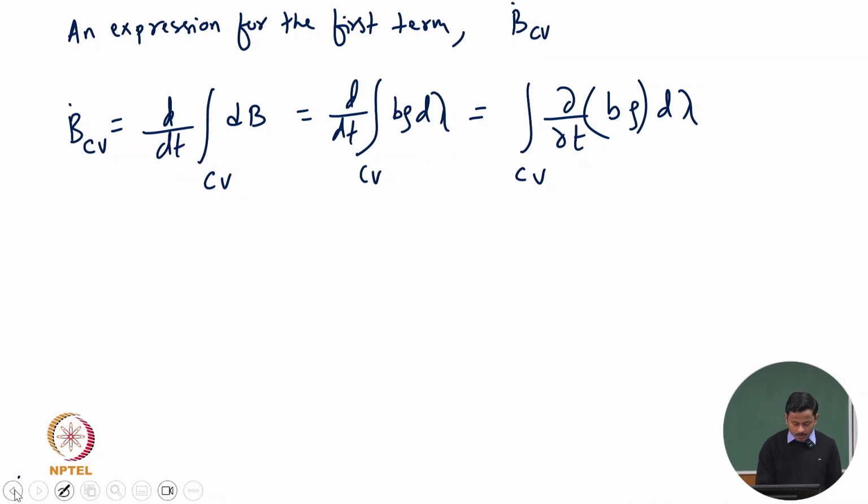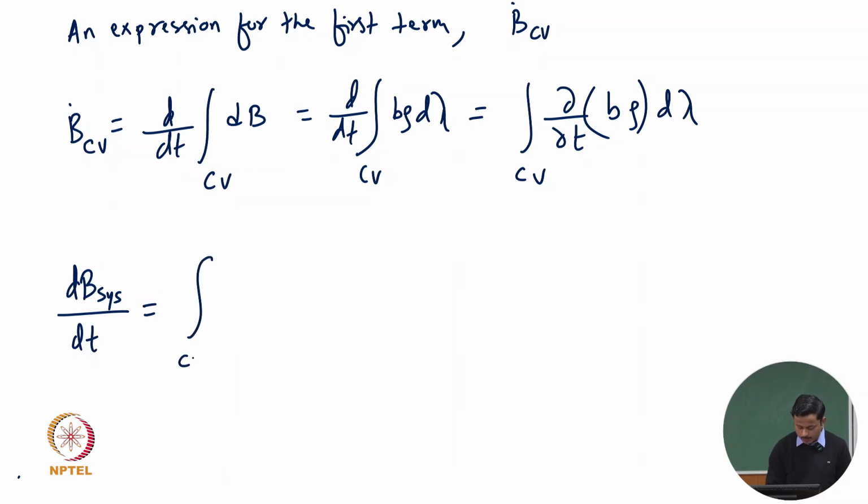So from this equation and the previous equation, we get to the final form of the Reynolds transport theorem. So we have dB system by dt, which we have also written down as B dot system, just a different form of this same thing.